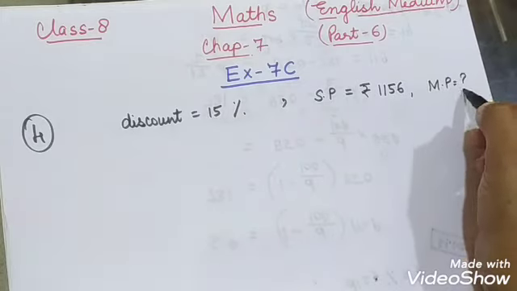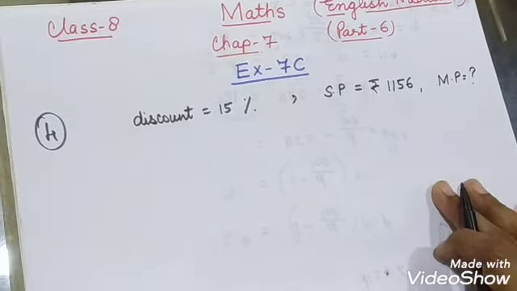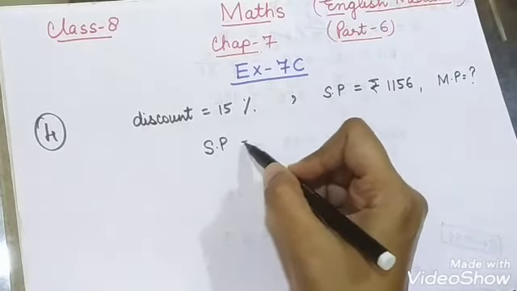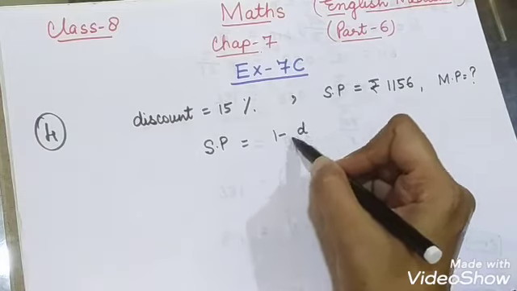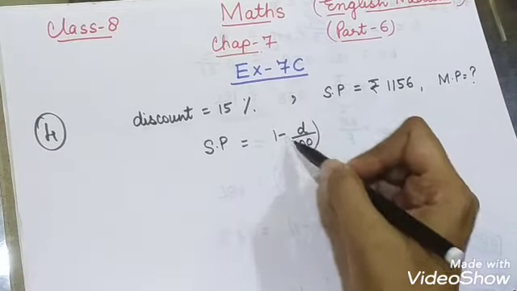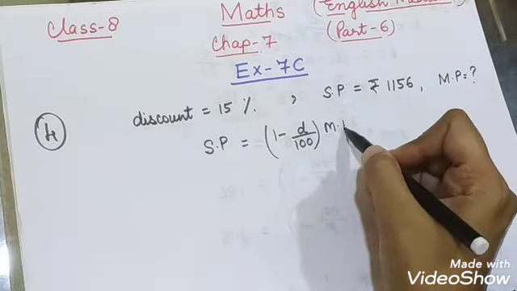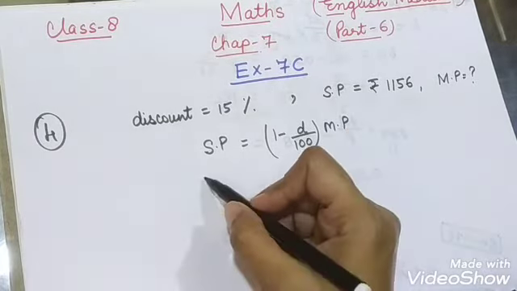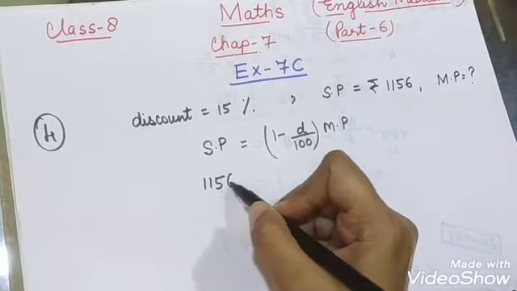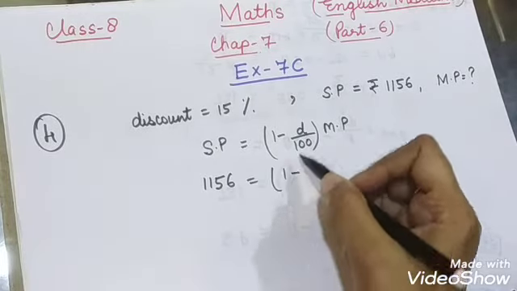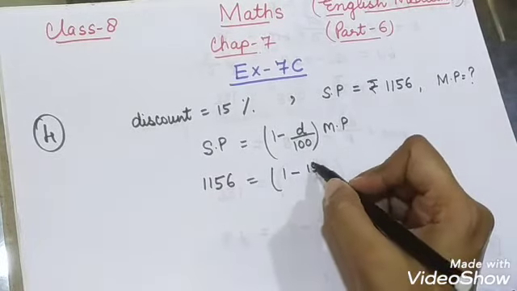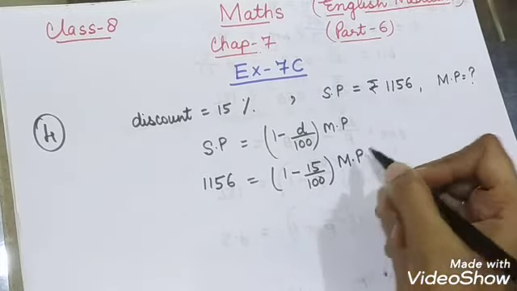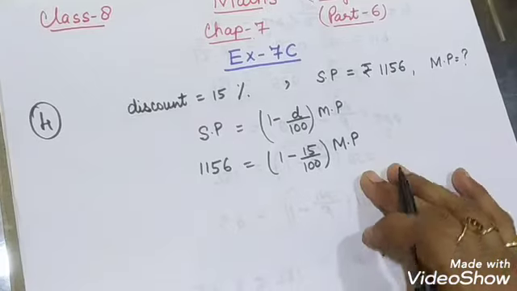Whatever is asked, we put a question mark in front of it, and we will use the formula: selling price is equal to 1 minus discount upon 100 into marked price. So in place of selling price I will put 1156, and discount we put 15 upon 100, and marked price we have to calculate. So let it be marked price.